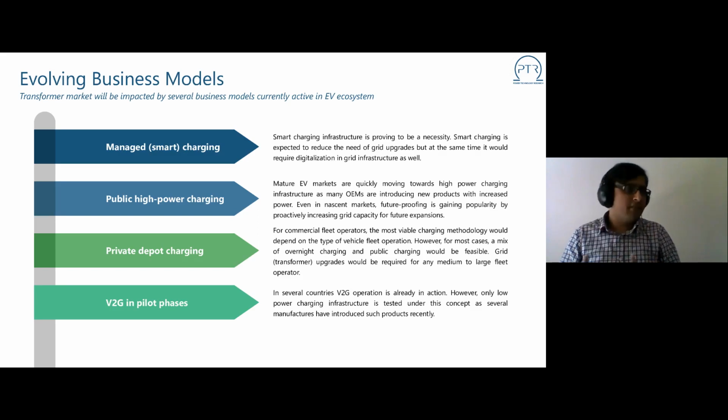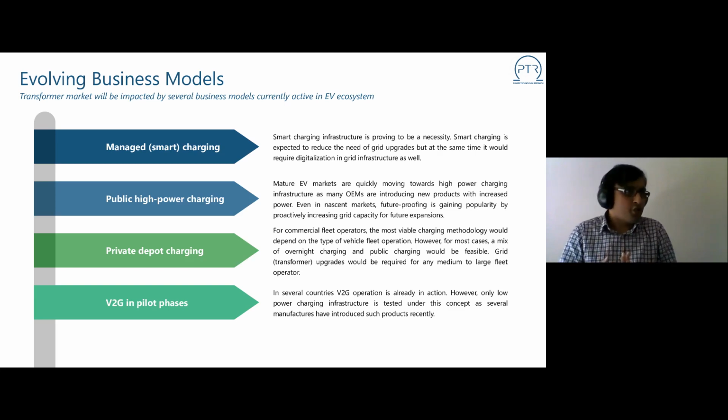There are many different understandings which dictate how many charging points there would be for a certain number of electric vehicles by a fleet operator. Some studies predict that there is going to be 1:1 between vehicles and charge points. Our understanding is that it is not going to be 1:1 if you look at the combination of public and overnight charging. It is at the end of the day going to be dictated by the type of fleet.